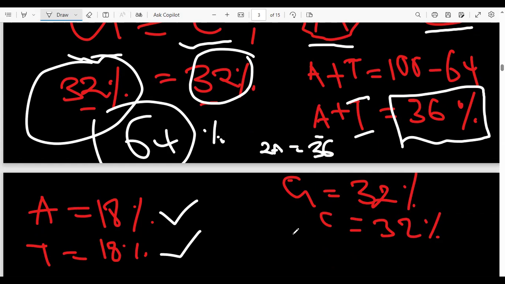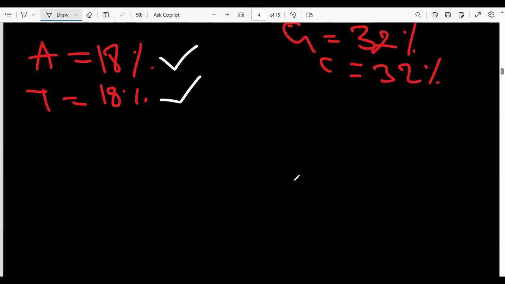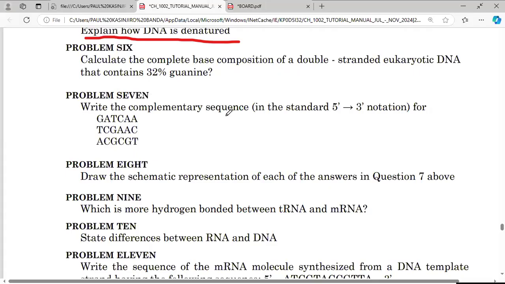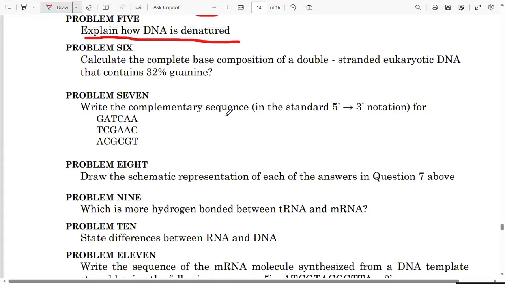All right, then let's look at some base pairings. Here we have a complementary sequence, which is in the 5 prime, 3 prime direction. We are saying write the complementary sequence in the standard 5 prime to 3 prime notation, with this sequence that we've been given.